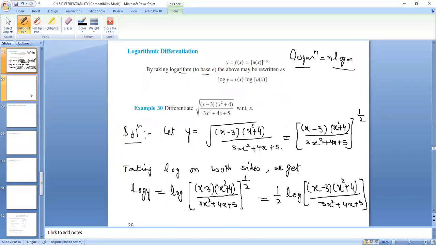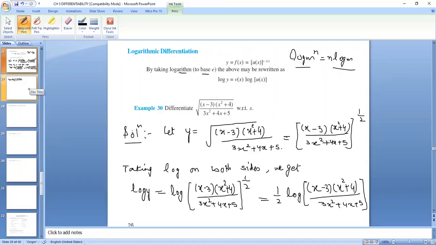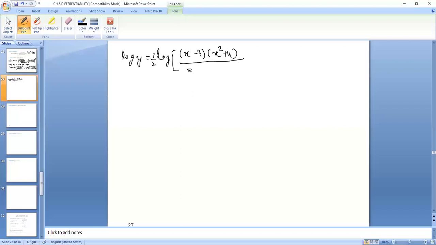So we can write log y is equal to 1 by 2 log of (x minus 3)(x square plus 4) upon 3x square plus 4x plus 5.